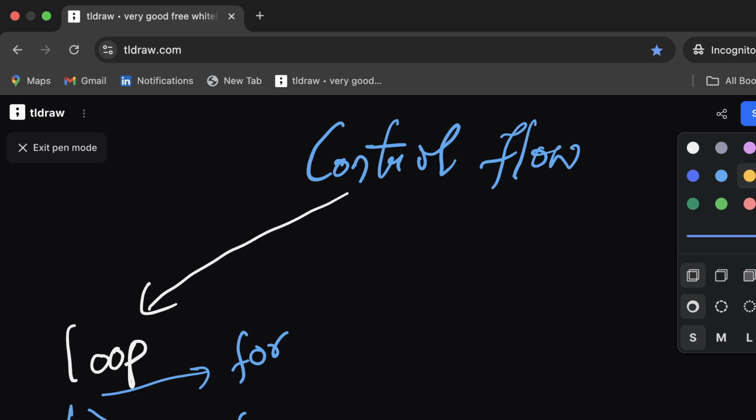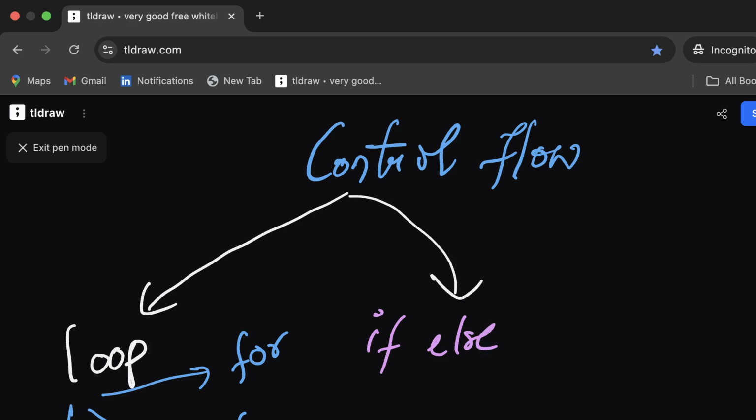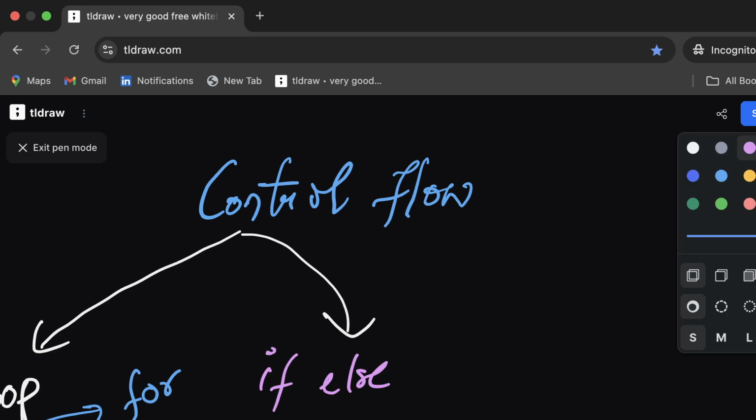For example, we have a condition defined, and then we increment or decrement it. The other way to achieve control flow is using conditionals like if else. This again defines what next thing we are going to execute. The other way to decide our control flow is using functions. We call the functions and then decide what is going to be executed.